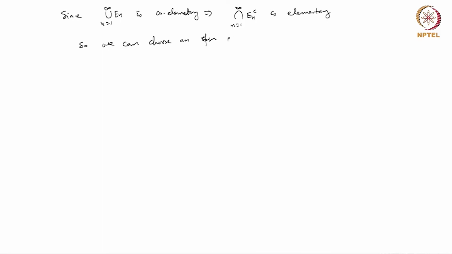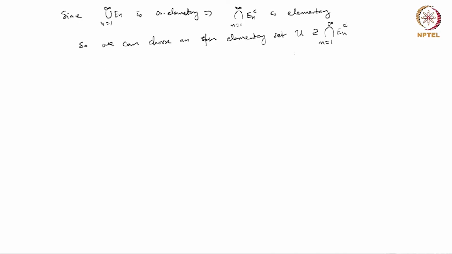So we proceed as follows. Since the union of En, n equal to 1 to infinity, is co-elementary, this implies that the intersection of the complements, n equal to 1 to infinity, is elementary. So we can choose an open elementary set U such that it contains this elementary intersection of the complements of the En's.